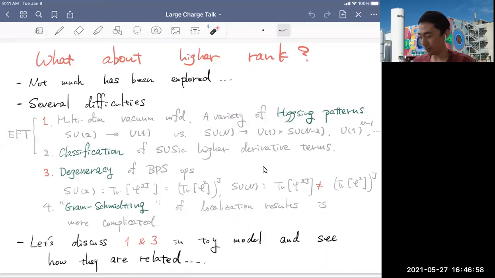This orthogonalization procedure, which is given by the Gram-Schmidt process, gets more complicated. So I just wanted to make some remarks about points 1 and 3 in a toy model and see how and why these two difficulties are related. That's what I'm going to talk about now.